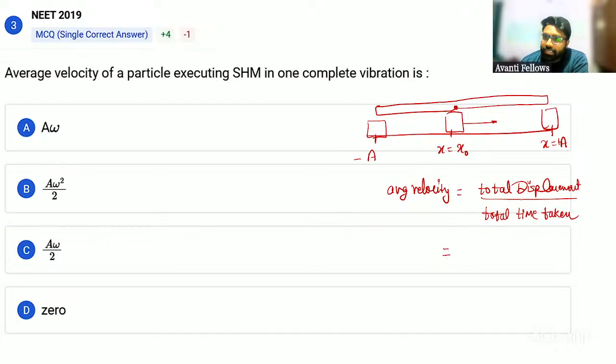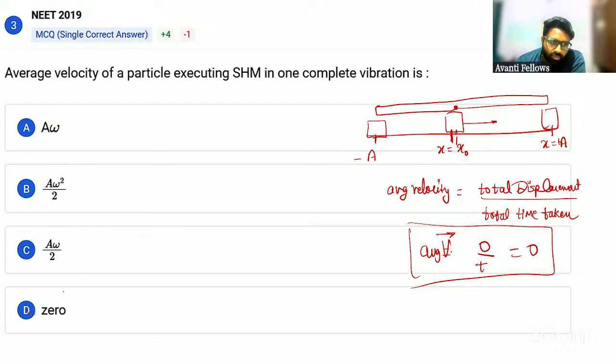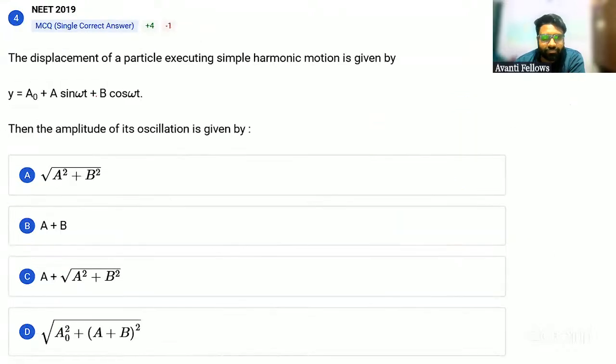Okay, now how much is the total displacement? It started from the initial position, and in the end it is coming back to the initial position. Final position is equal to initial position. So total displacement becomes zero, which means average velocity will become zero. So option D is the correct one. I hope you got it. Any kind of doubt, you can ask.